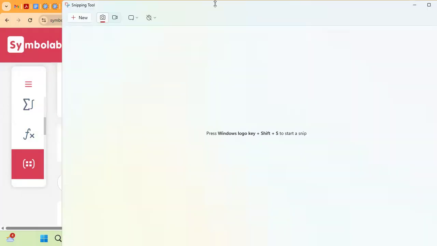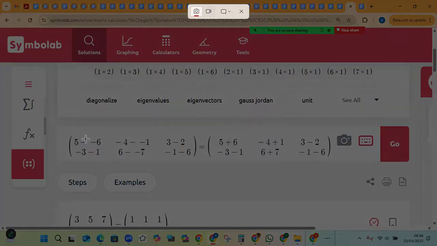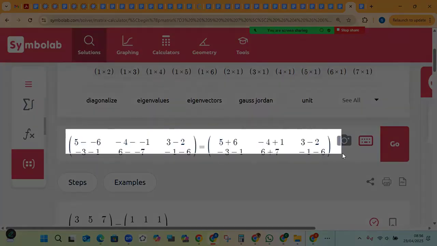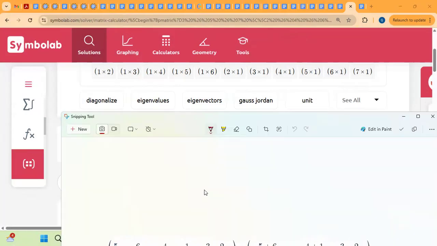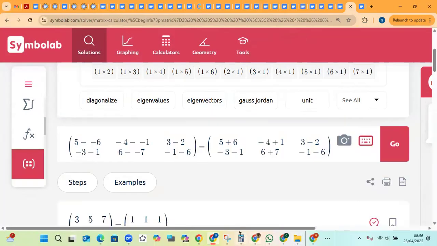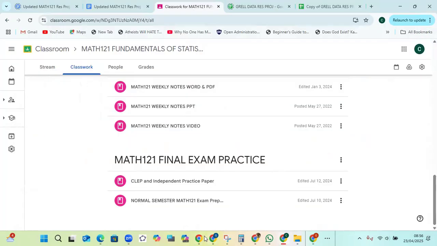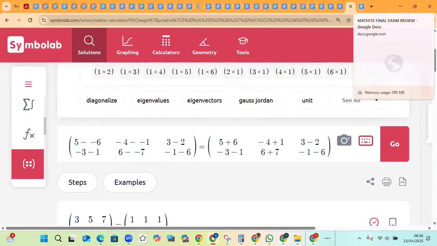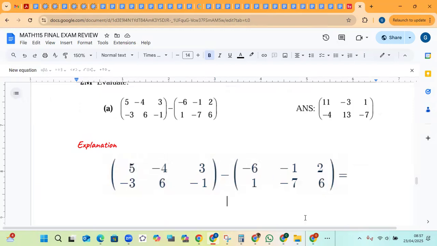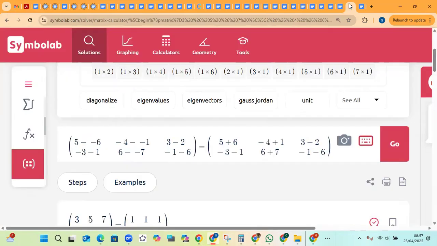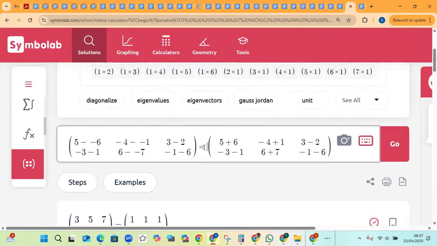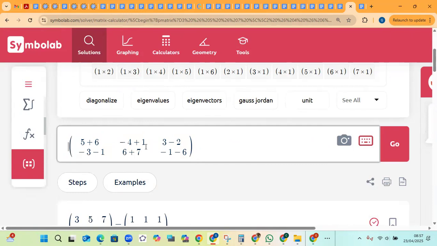I need to put the screenshot icon lower down. Put this as part of our solution, and delete this.